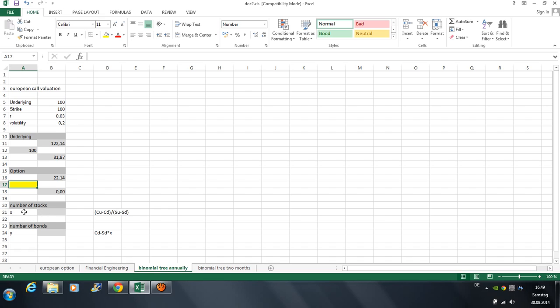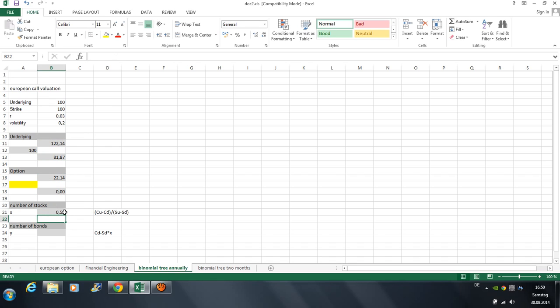Now we have to calculate how many stocks we have to buy at the beginning. There is a formula here, you can see that. It means equals the value of the call option up, minus the value of the call option down, 0, close parenthesis, and divided by the price of the underlying up minus the price of the underlying down, close parenthesis, press enter.